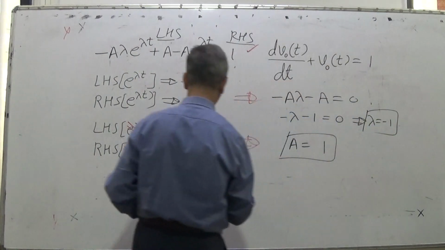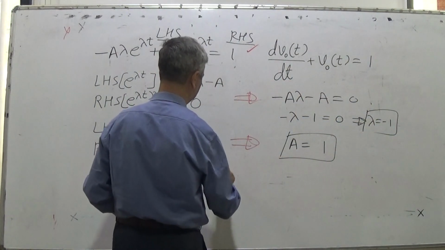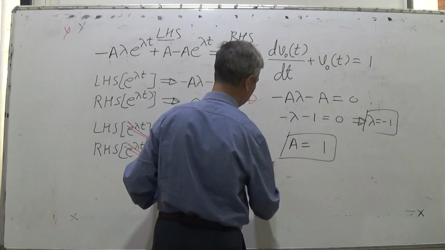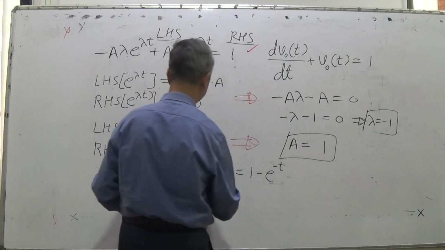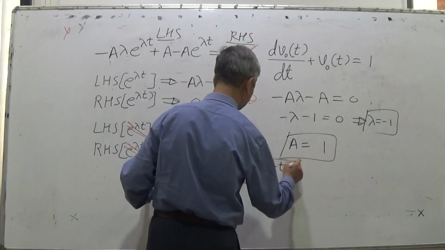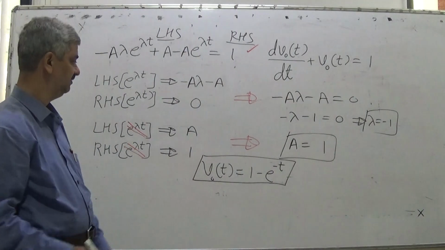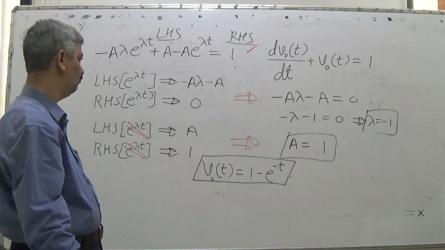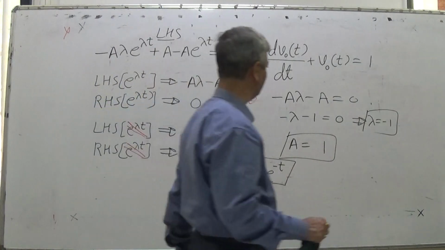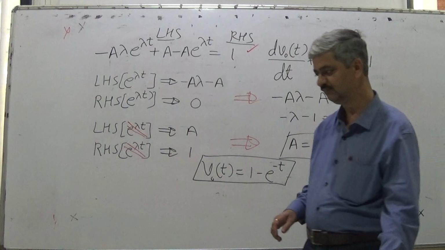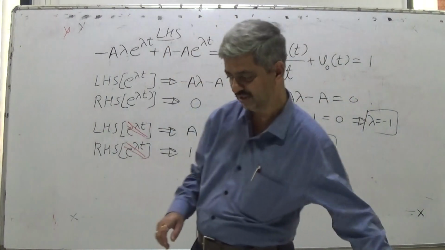And with this now the answer is, the equation is VOT is equal to 1 minus e raised to minus t. And what is IT?